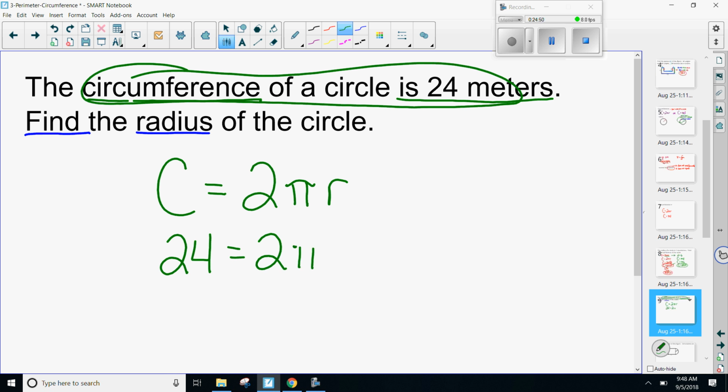That's 2 pi r. How can I get rid of this 2 over here? Divide by 2. So I'm going to take this by half and figure out what? 12. 12 is equal to pi times my radius.